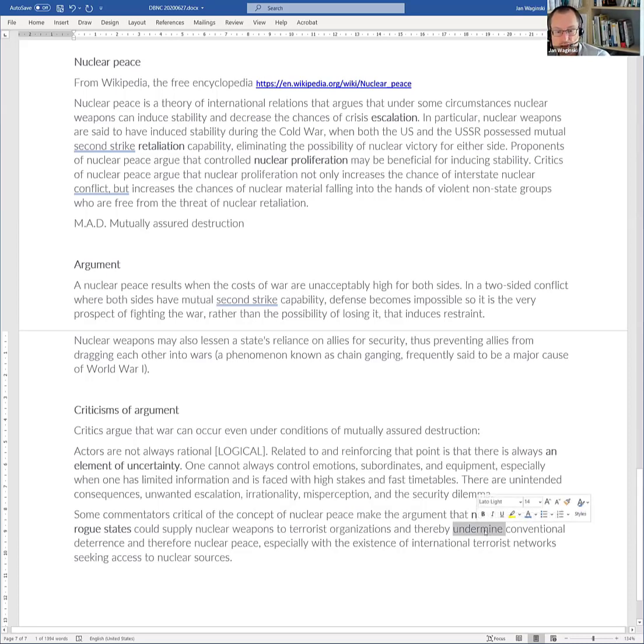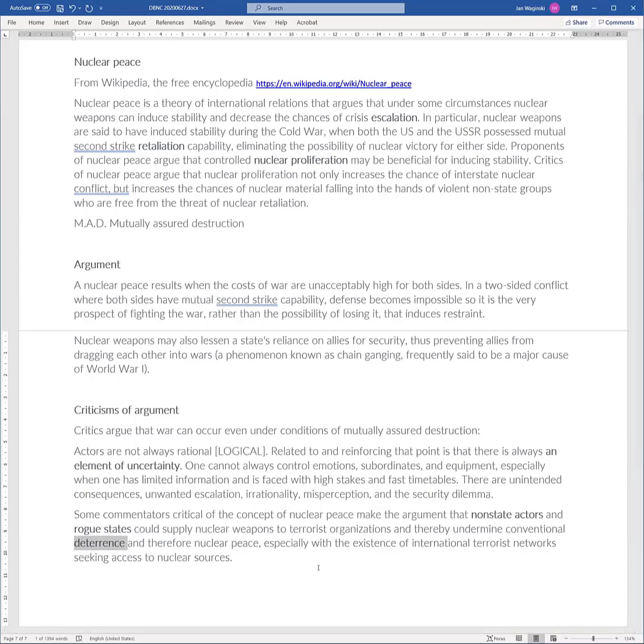Let's start with deterrence. What does it mean to deter someone from doing something? Discouraging. Yes. Prevent. Yep. So this is why most people buy a dog. They want to deter anyone from breaking into their house.